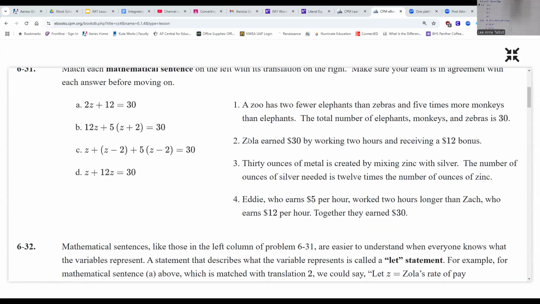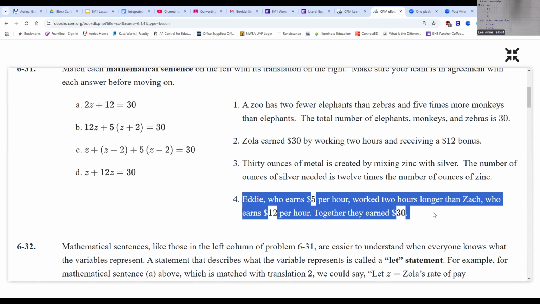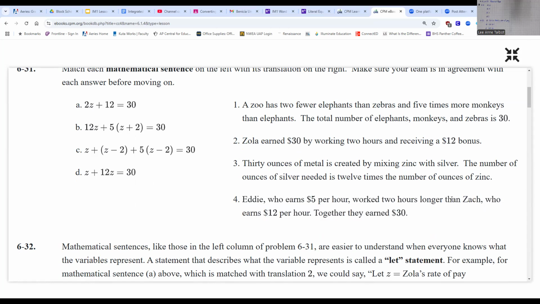Okay, anyway. All right, so for B, we're gonna go to number 4. So we're on this one. What is Z? What does Z equal in number 4? Zach, okay, but what about Zach?